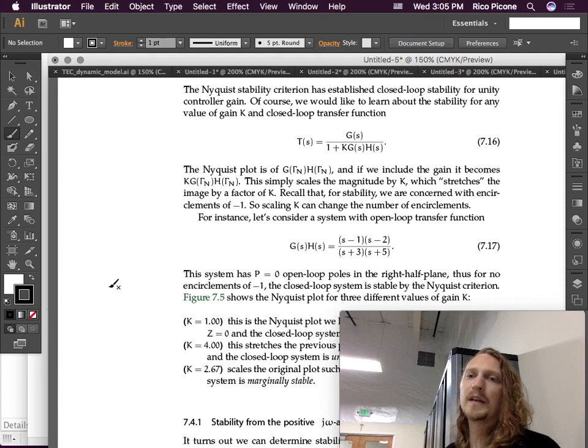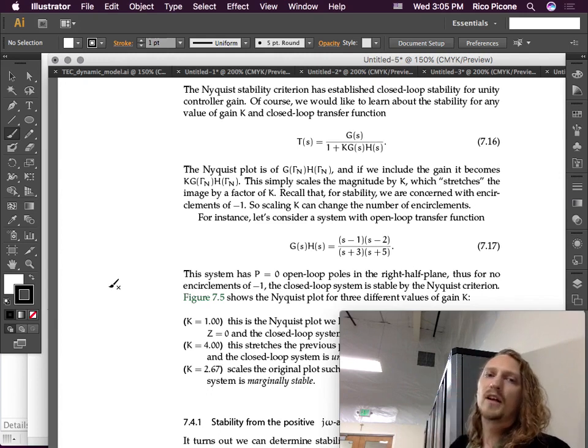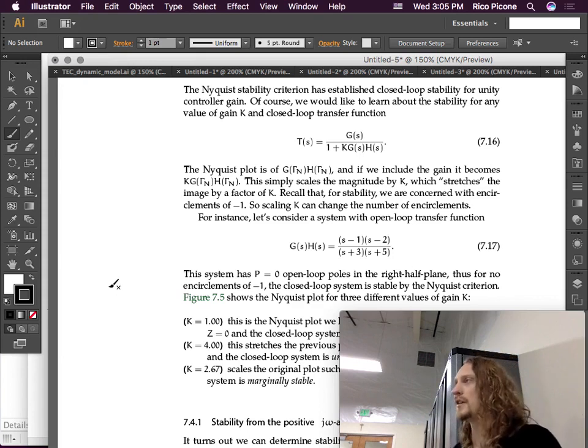If we include the gain, so if we had a controller that was just a gain in the feedback loop, then it would be KGH of gamma n. So the question is, what changes if we stick a gain in there? Is all bets off from our previous analysis, or is it related? It turns out it's related in a very simple way.